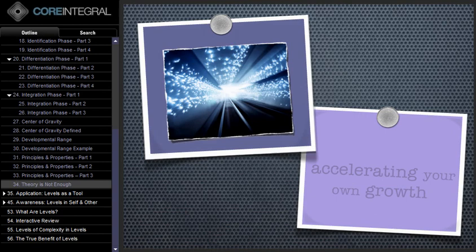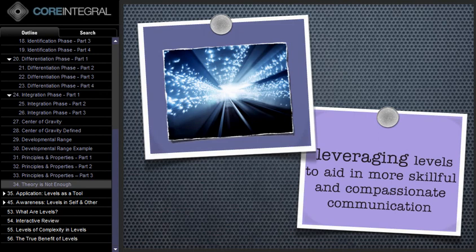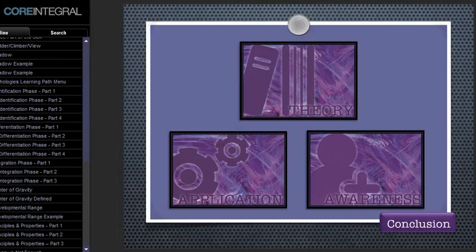These benefits, from accelerating your own growth, to recognizing and supporting growth in others, to leveraging levels to aid in more skillful and compassionate communication, which takes into account the variance in needs, beliefs, and values. All of this is earned through a recursive process of understanding levels so that you can recognize and apply them. And attempting to recognize and apply them is the best way of refining your theoretical understanding.